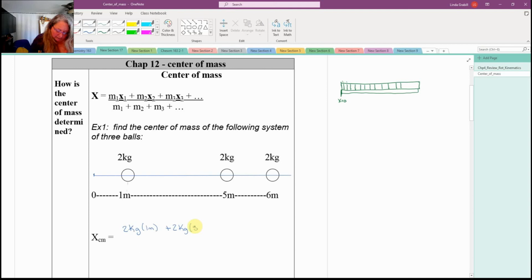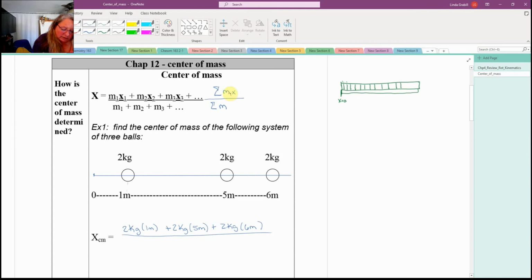So at 5 meters, plus 2 kilograms times the 6 meters away. And then we divide by the total amount of mass. So you can think of this as the sum of the masses on the bottom, and on the top, the sum of the masses times their position.